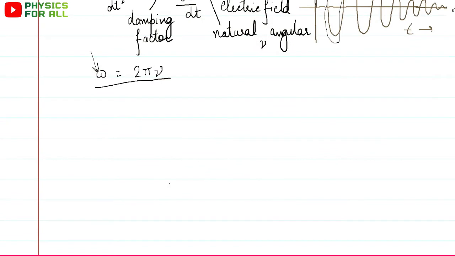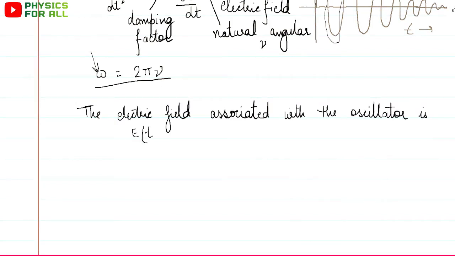Now the electric field associated with the oscillator, if we have to mention that, considering that the damping factor is very small, that would be E of t, the electric field, which is a function of time, because everything is changing with time. Always remember that natural broadening is due to the finite lifetime of the excited state.